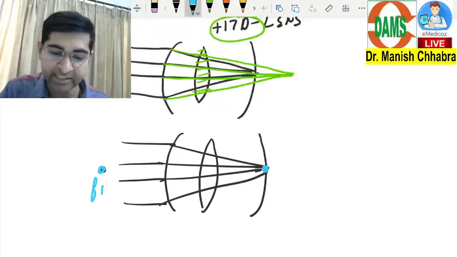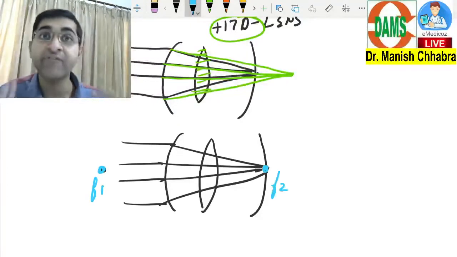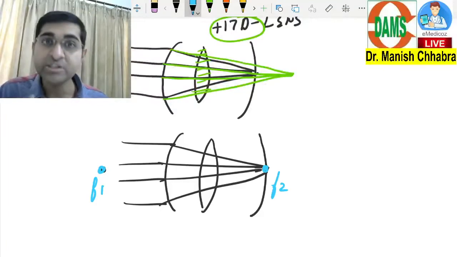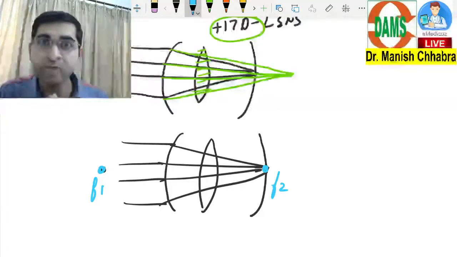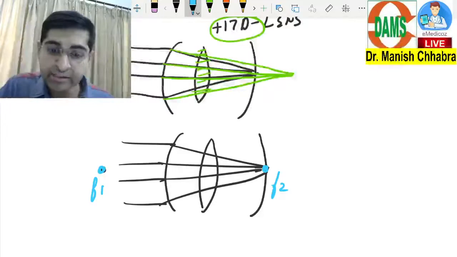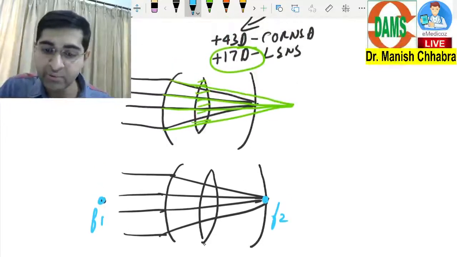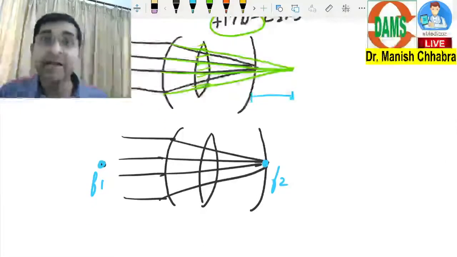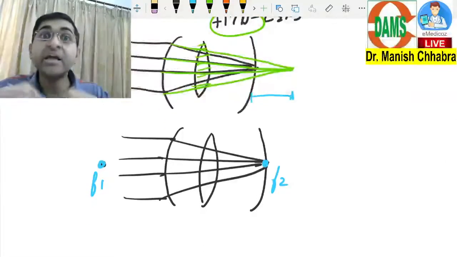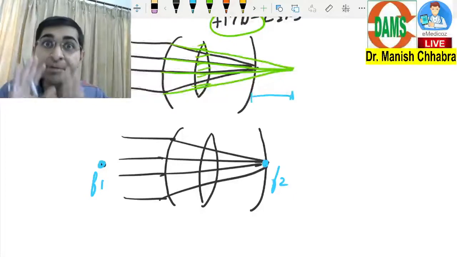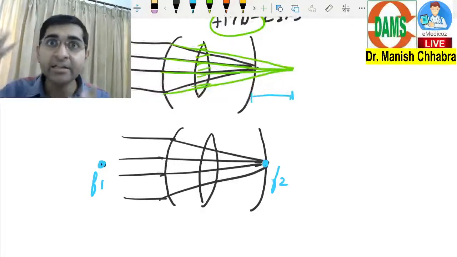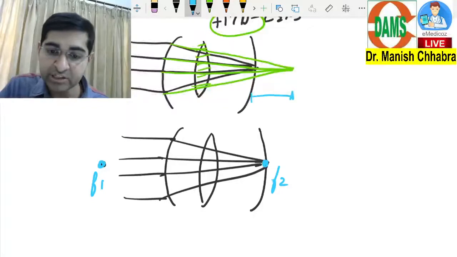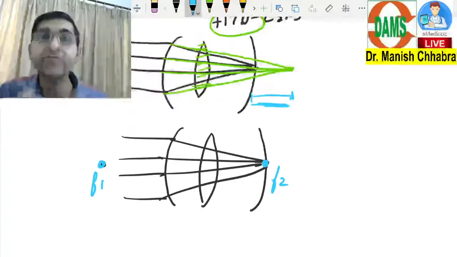I'll call it F1 and F2. Since there is absence of the lens, the light rays will be focused behind the retina. So the second focal point will be shifted behind the retina.